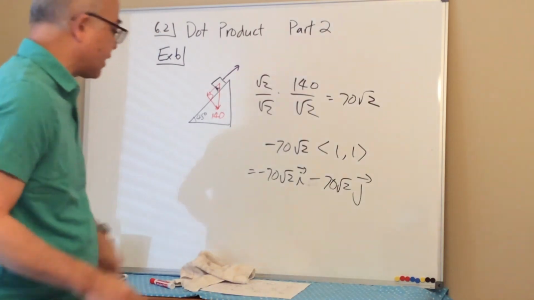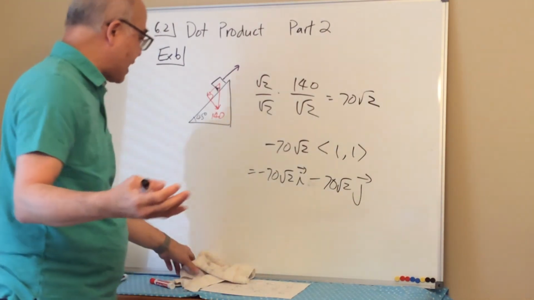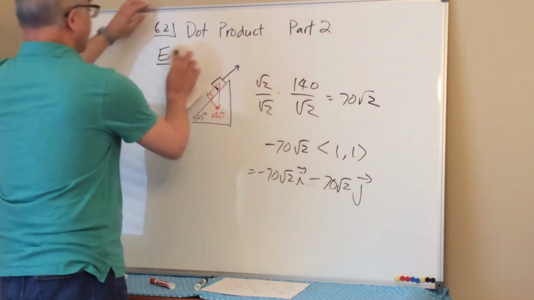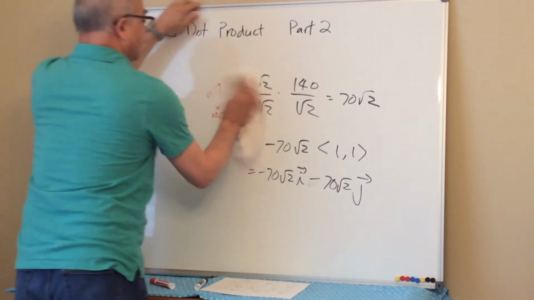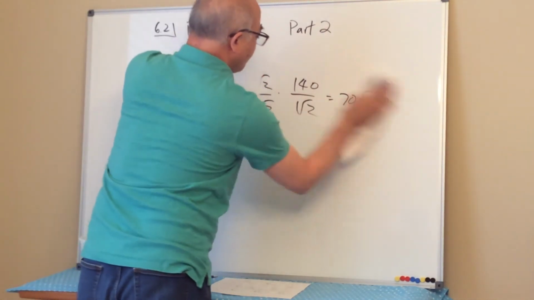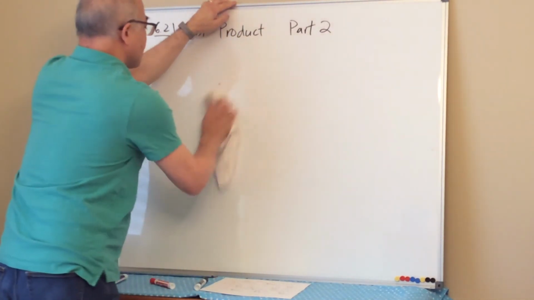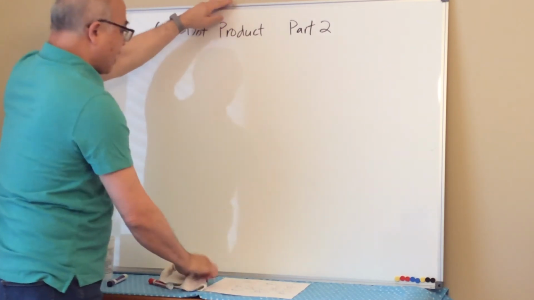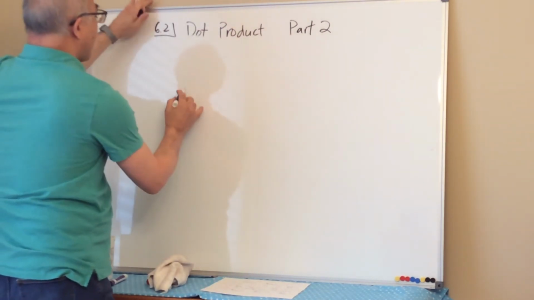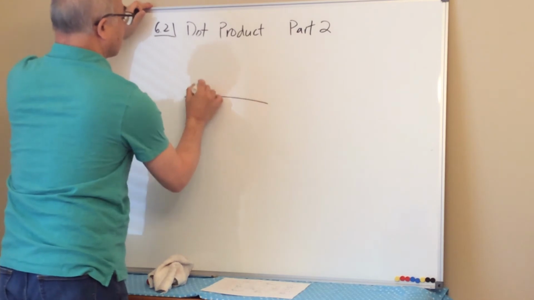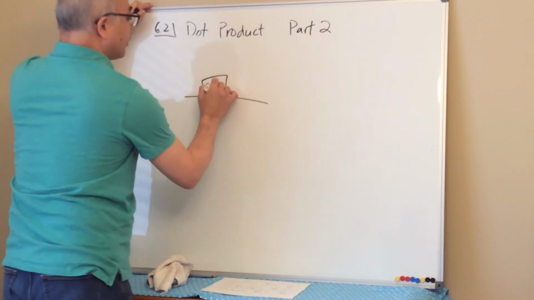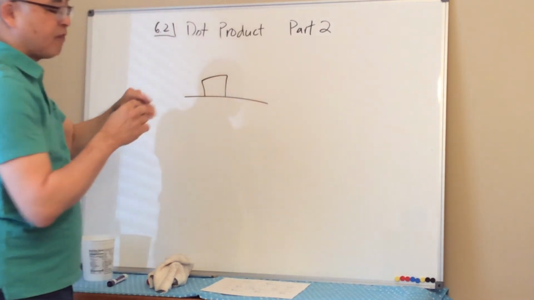Let's look at the work. Work is something, if you're in my engineering class, or if you were in physics, this is review. Like we talked before, let's say I had a box and I'm pulling this box with a certain amount of force.